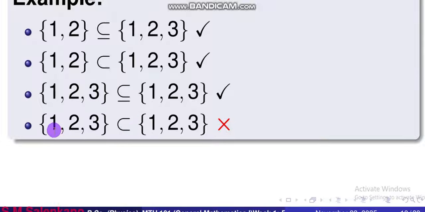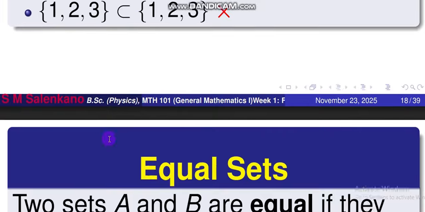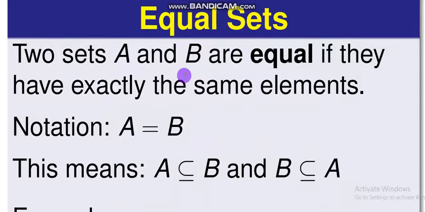Even though all the elements of this set are found here, they are equal sets. This one has to contain at least one extra element that is not found in here before I can write this symbol. Because they are equal sets, I must not write this symbol. I hope that is understood.